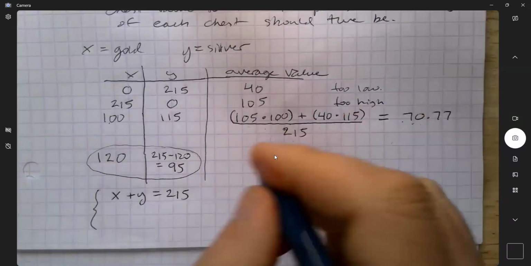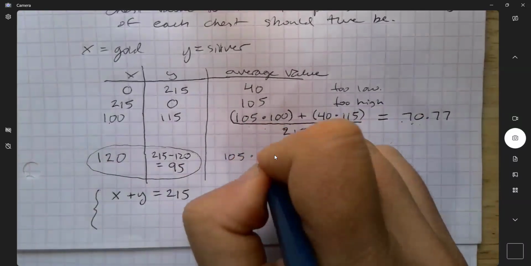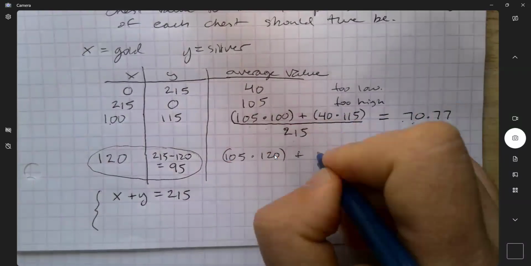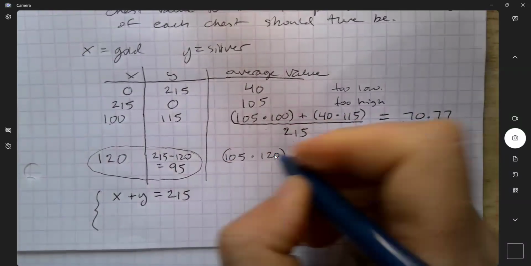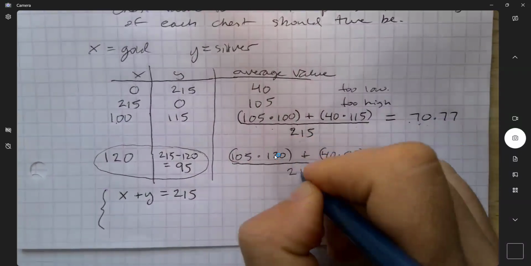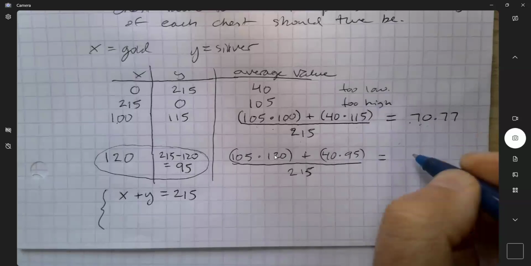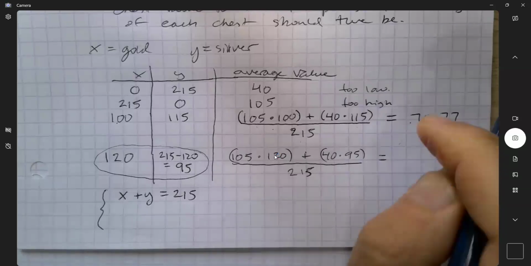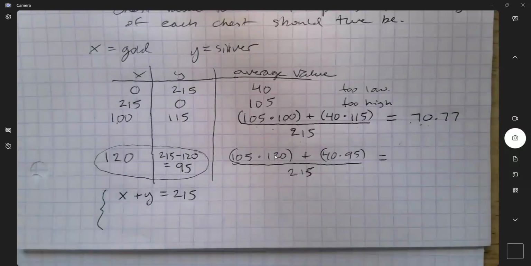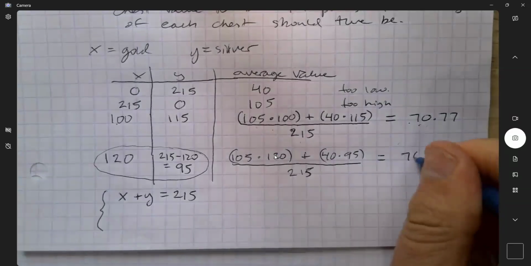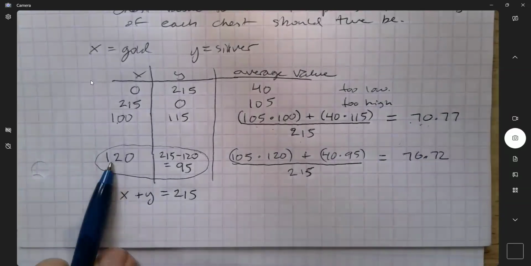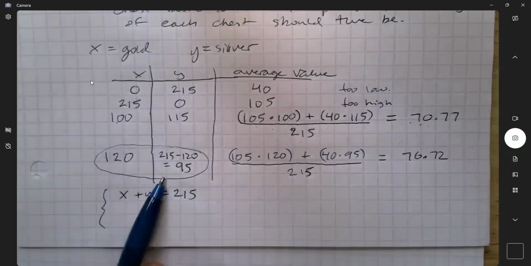And then the average value is going to be 105 times the 120 plus the 40 times the 95, and I divide all of that by 215. And I want that to equal 79. Let's see what it actually equals. I'm changing my numbers in Desmos. I'm getting there because now I'm at 76.72. So I could keep increasing my number of gold chests until I targeted it.